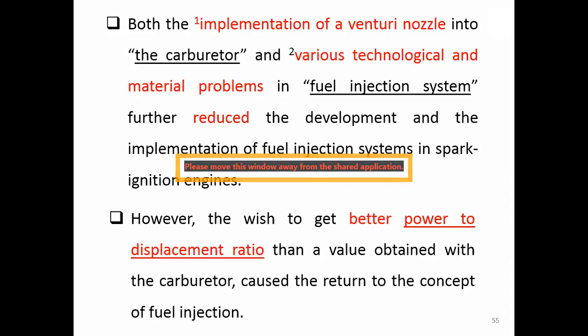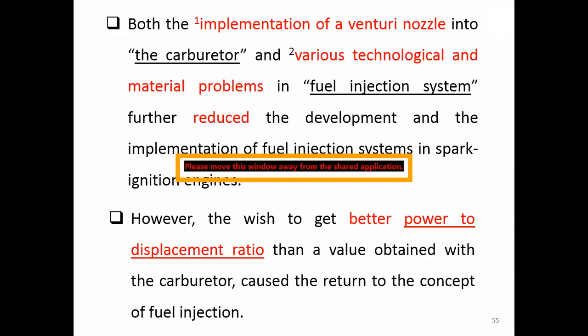Okay. So there was no more development in fuel injection systems until people started to want a better power-to-displacement ratio. They wanted a smaller engine but bigger power, right?